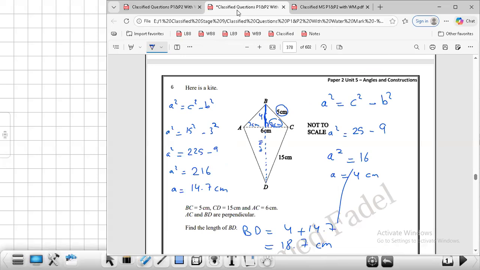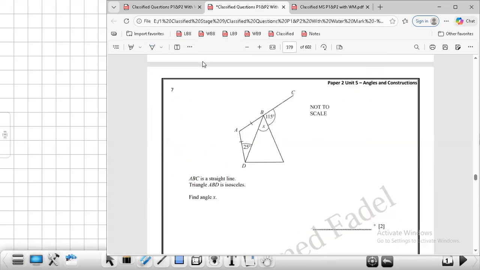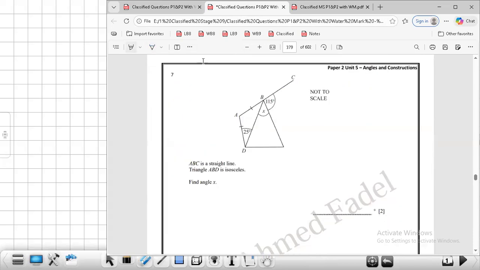All right. Next question. It says to you that this is an isosceles triangle. So the different side is DB. So D and B are the equal angles, I mean.